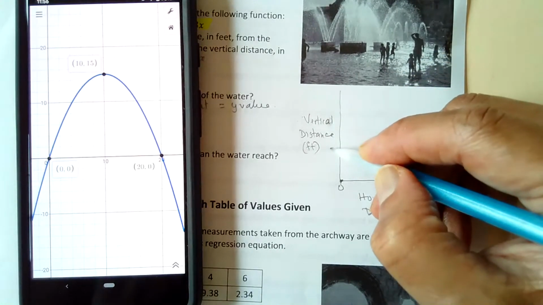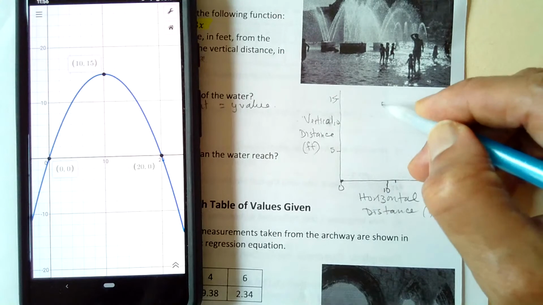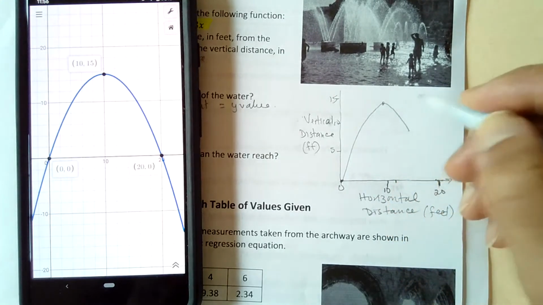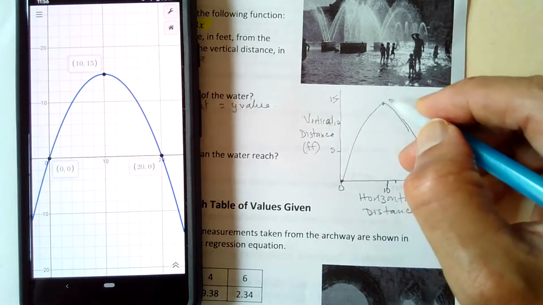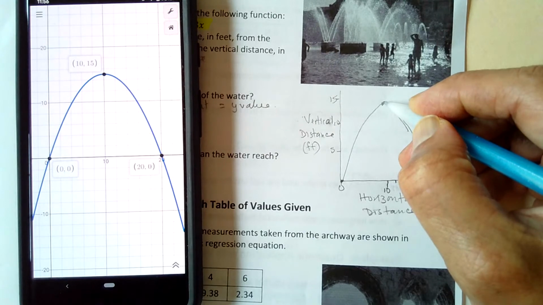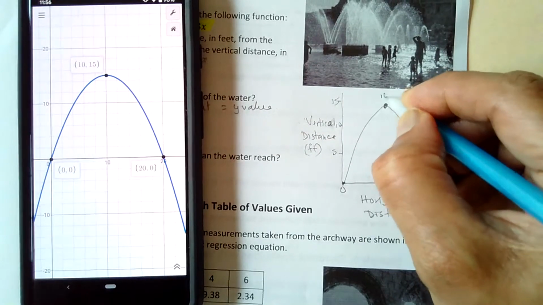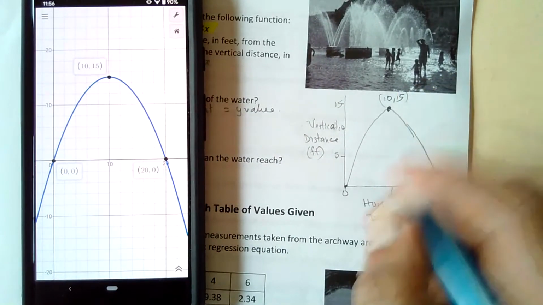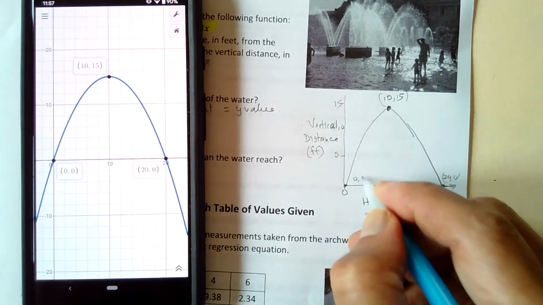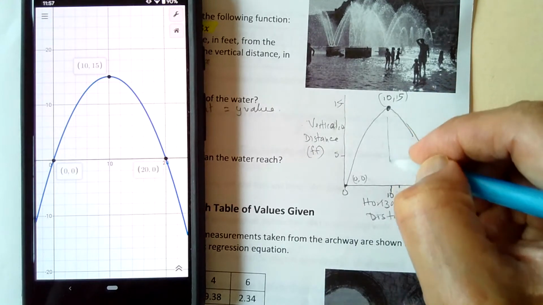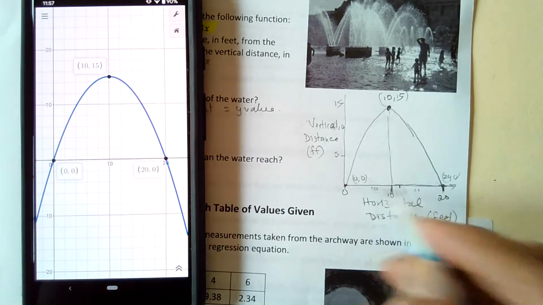So we have 5, 10, 15. So this point here is 10, 15, and here we have 20, 0, and 0, 0. So this is our axis of symmetry right down in the middle here. It divides it up. So this is 10, and this is 10.